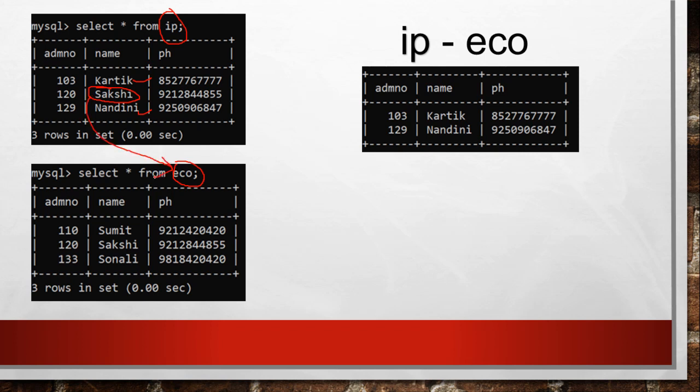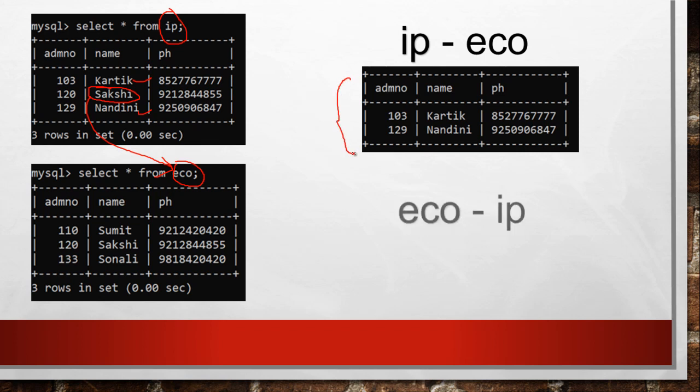So in this case, IP minus echo means all the records of the IP table, and the records which are common, which are present in the echo table, are removed from the IP table. The Sakshi record is present in the echo table, that's why it is removed from the IP table, and the result is shown like this.